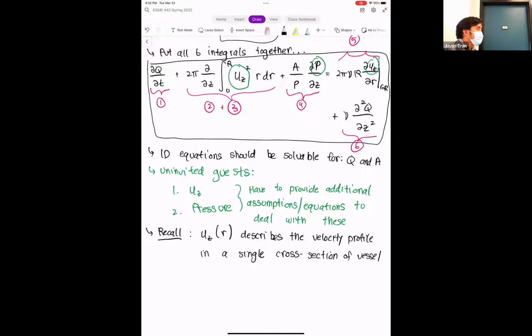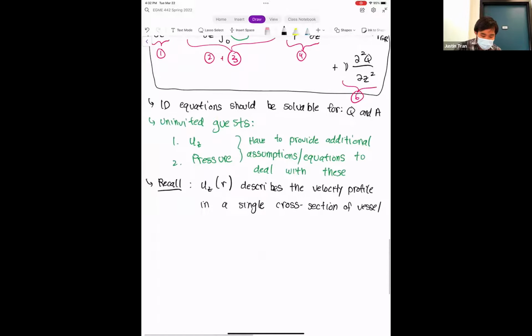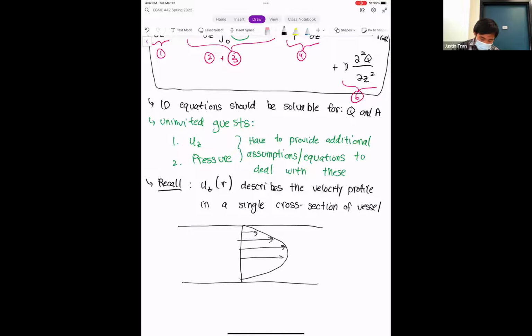Then the UZ is what we solved for when we solved our Navier-Stokes equation. Granted, we had to assume a lot of things like rigid walls, but that was the UZ. And so visually, it looks something like this. For a typical blood vessel, what you have for UZ is a parabolic profile. So typical UZ of R looks something like that.